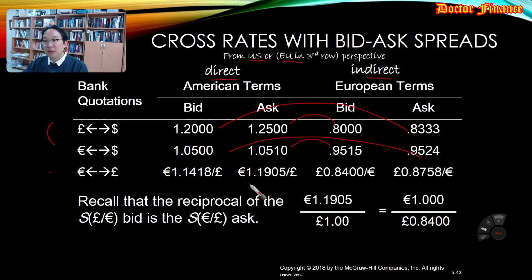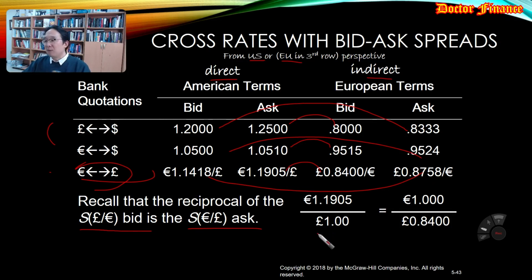And applying these, you get these reciprocal relations even between these two euro and pound currency rates, right? Recall that the reciprocal of the spot rate of pound to euro bid is the euro to pound ask, right? These relations hold. You do these numbers and you will realize it, okay?